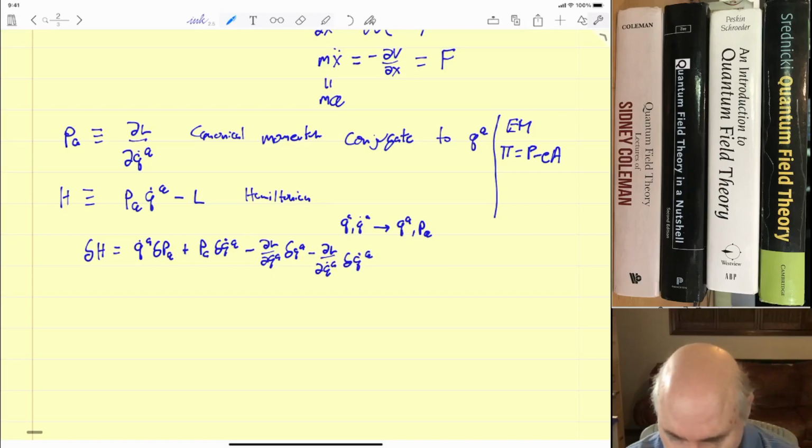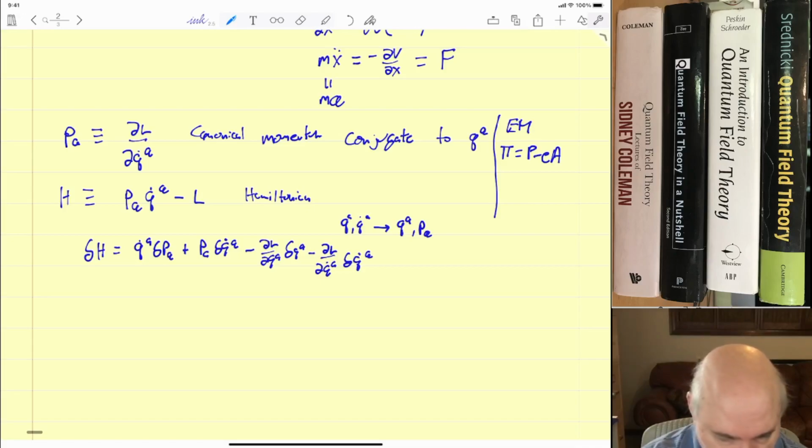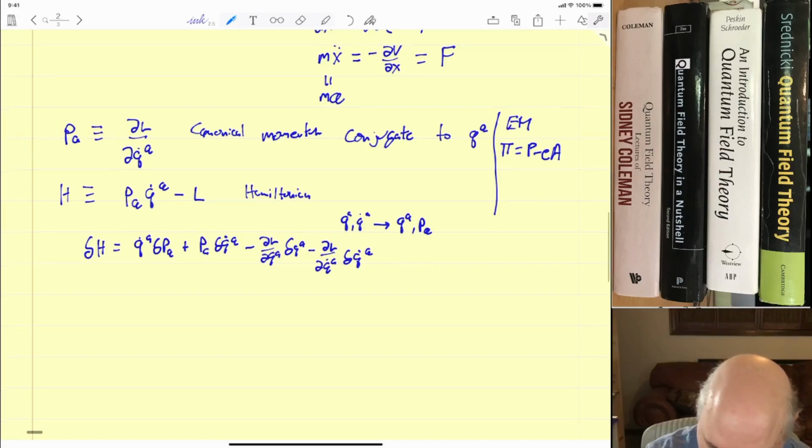So we're just using our standard total derivatives, using partial derivatives. The independent variables are still on this side over here. Now we can use the Lagrangian equations of motion.